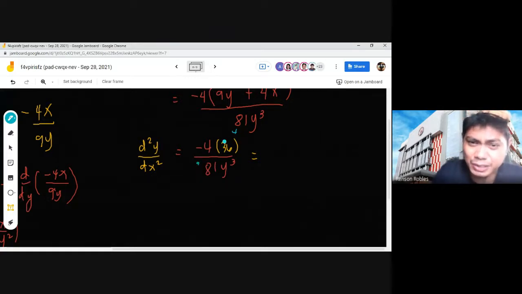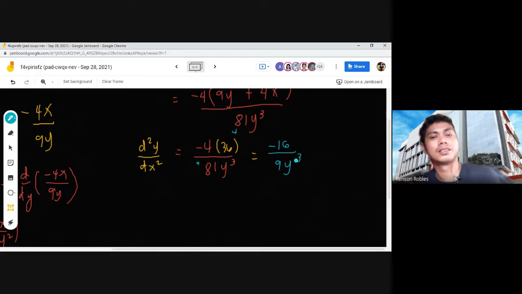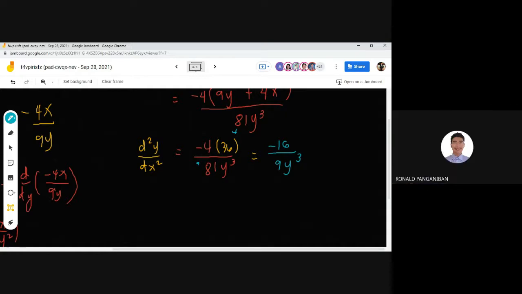So, negative 4 times 4, negative 16, all over 9y cubed. All right? Tama? Yes po. Okay.